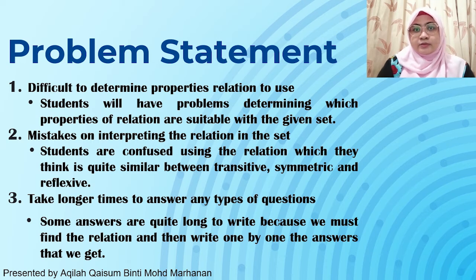Students are confused because they think transitive, symmetric, and reflexive relations are quite similar. The last point is that it takes longer to answer any type of question. Some answers are quite long to write because we must find the relation first and then write down one by one the answers that we got.